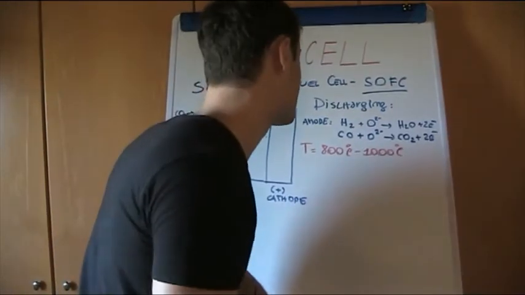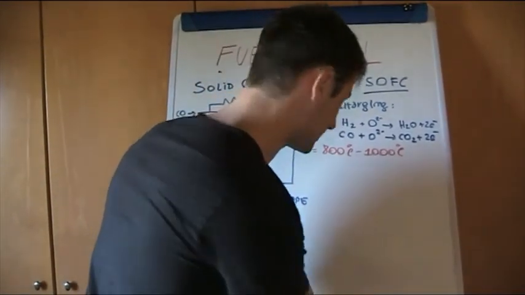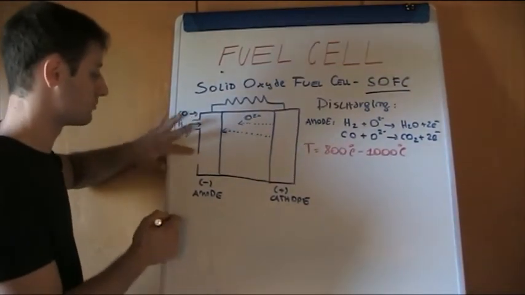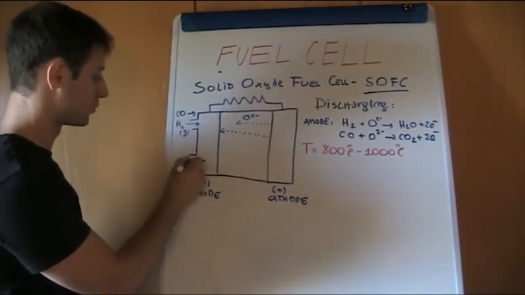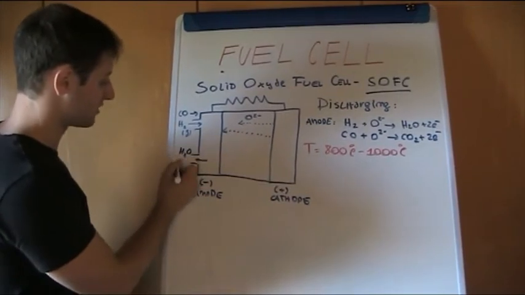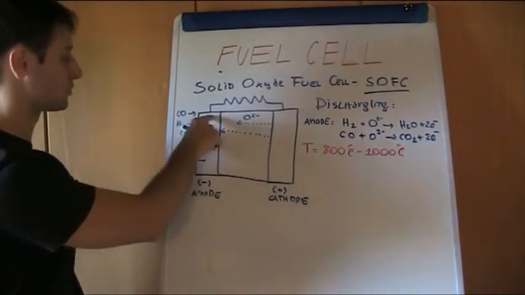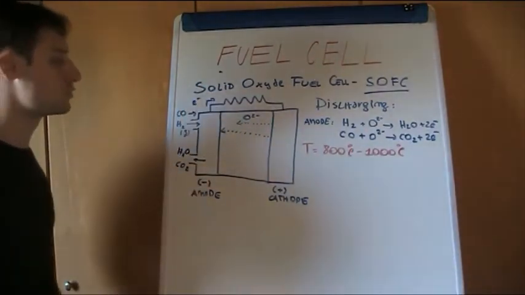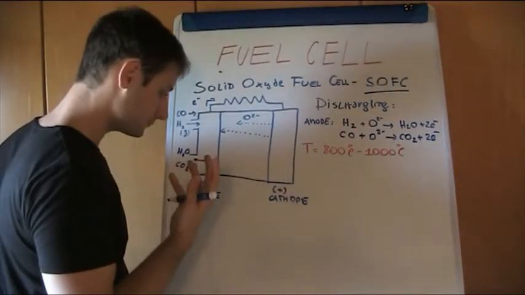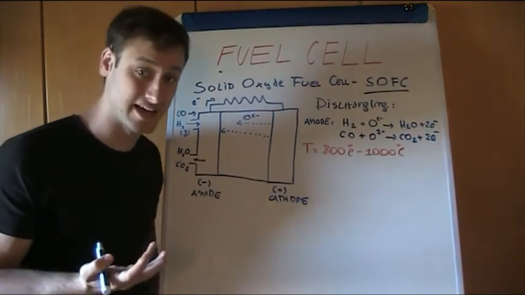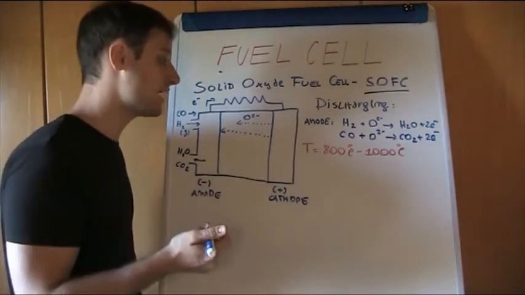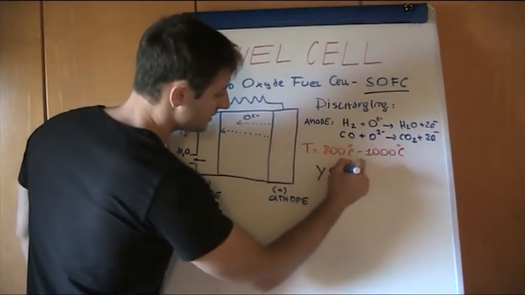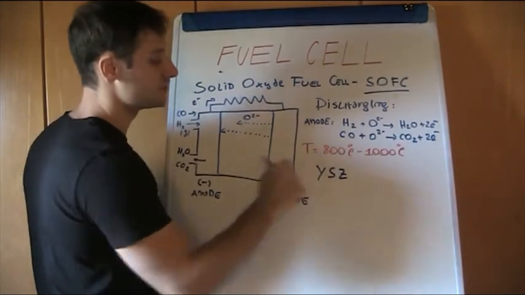So now, from a practical point of view, we can say what materials this type of anode is composed of, where we have the water elimination or the carbon dioxide elimination as a product of the oxidation with the release of electrons. This material is composed of nanoparticles of nickel mixed together with yttria stabilized zirconia.